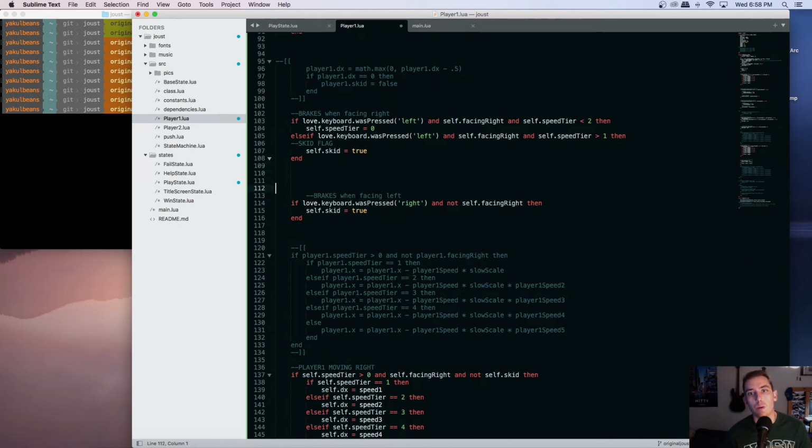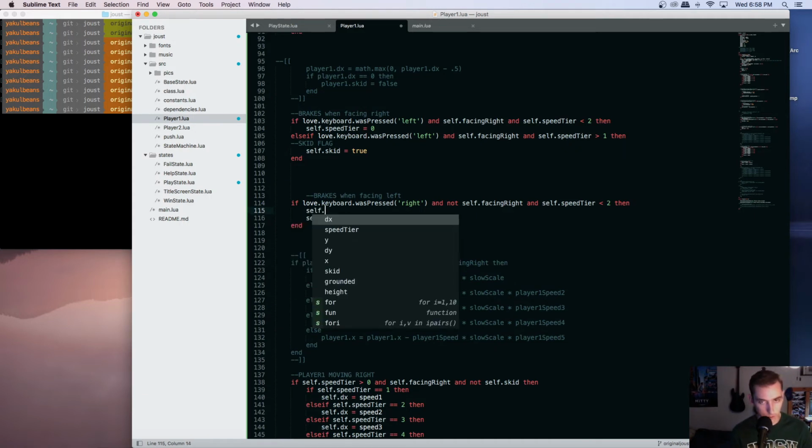And then we would want to do something similar here where we're saying and not facing right and self dot speed tier smaller than 2, then set its speed tier to 0 and just stop.